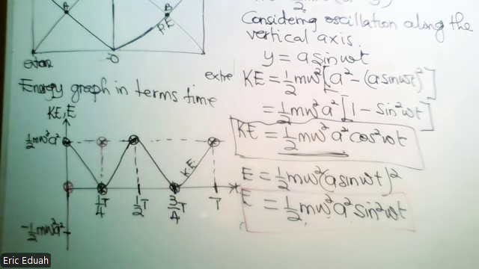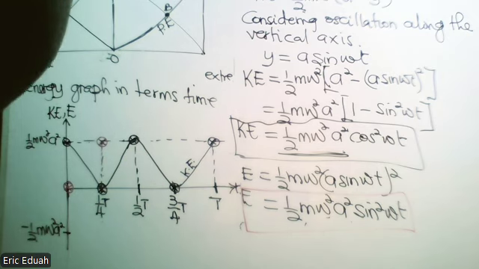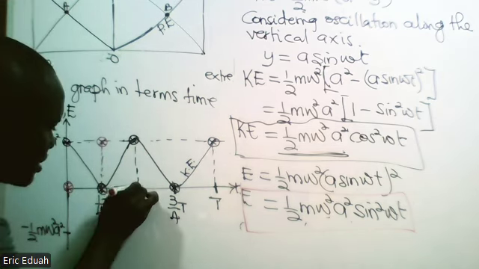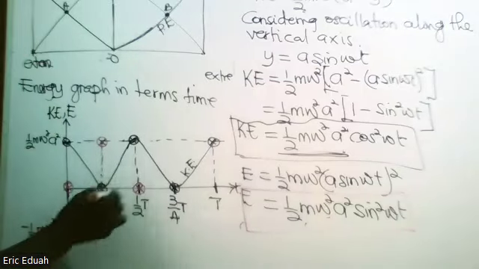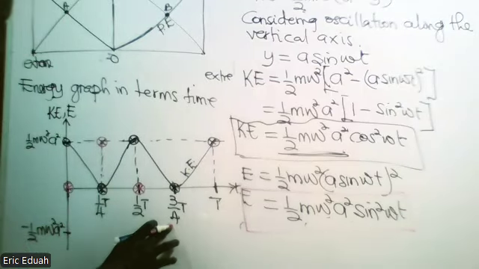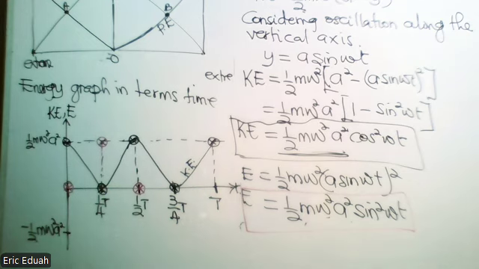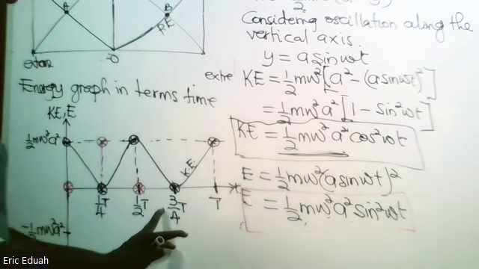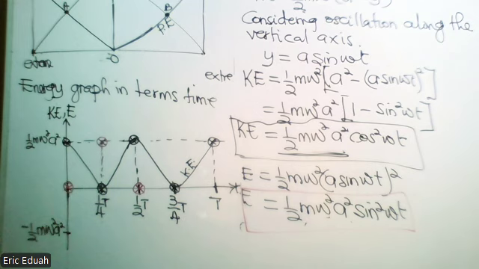When theta is 180 or half, time is half, what will be the potential energy? 0. So 0, then at 270 it would be maximum, because we have -1, but when you square it, it will be positive.